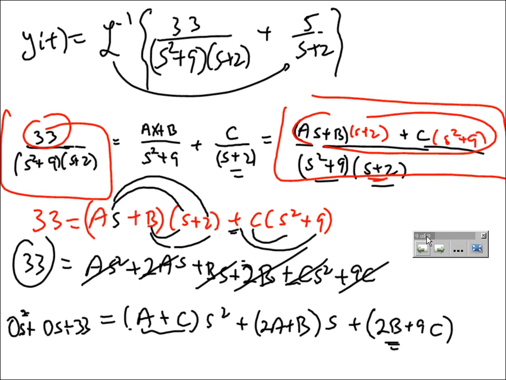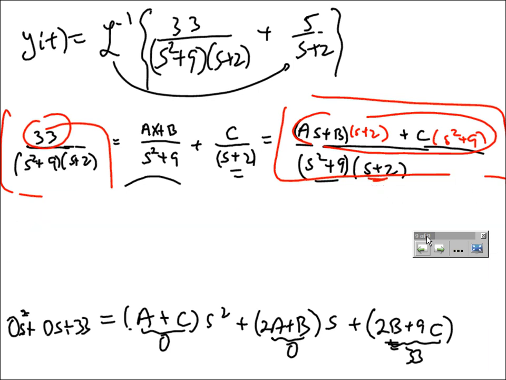So the number of s squares is 0. The number of s's is 0. And the constant is 33. So I have 3 equations and 2 unknowns. The first equation tells me that a plus c is 0, right here.